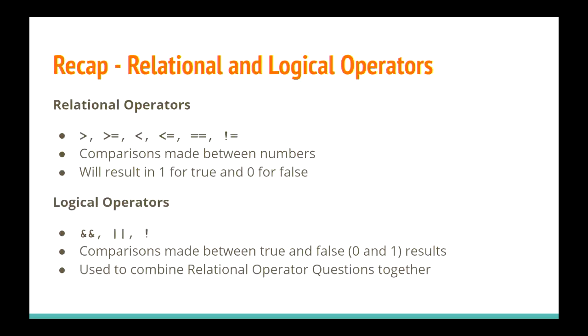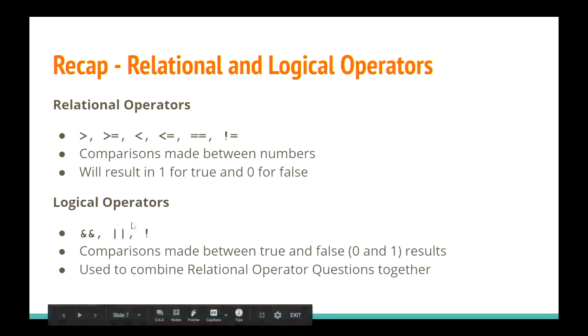That way I could ask two different questions and put them together with a logical operator and get a certain set of possible answers. We're going to do that with controlling our programs. We're going to say, I want to look at every number between 1 and 100 that's even. I can ask two separate questions for that and piece them together using these logical operators.